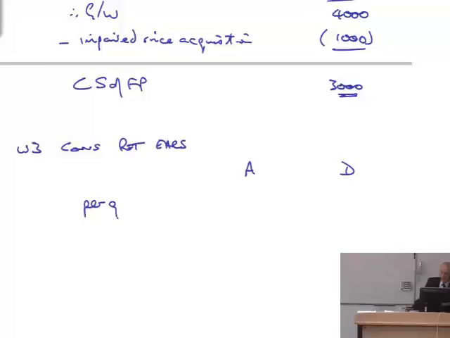For the question, 20 and 6. That's the pre-ACC.